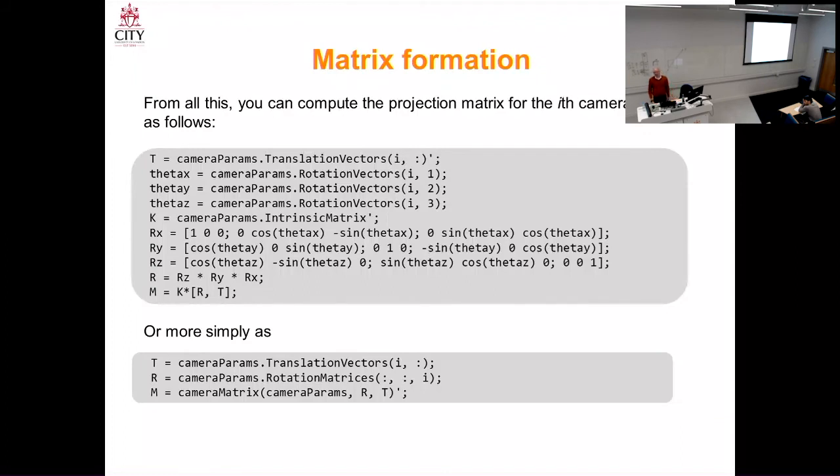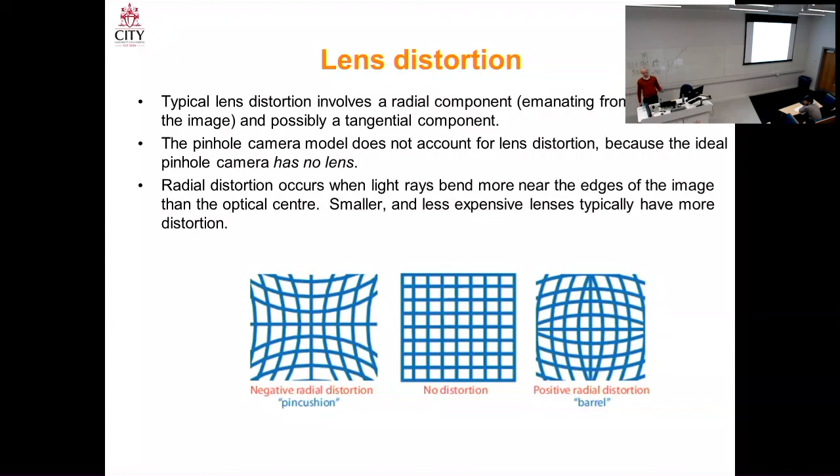So now we know how to calibrate a camera, and we know how to take 3D points and project them into 2D. Another important concept, though, is lens distortion. If you have a super expensive lens, it probably has very little distortion, but if you have a cheaper lens, it might have these radial effects.